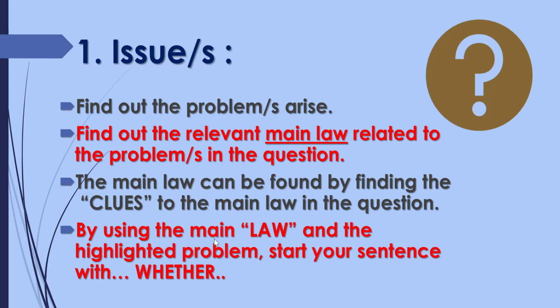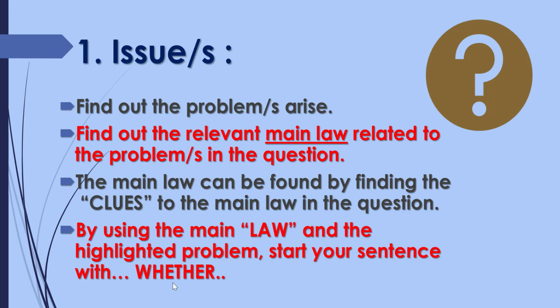So by using the main law and the highlighted problem, you have to start your sentence with whether, because you have to raise the issue. You have to raise the question whether Alia has the right upon the prize which has been promised by the sponsoring party, or whether the sponsoring party is bound to give away the prize to Alia, or whether there is a contract.